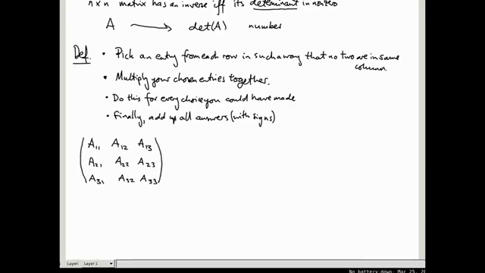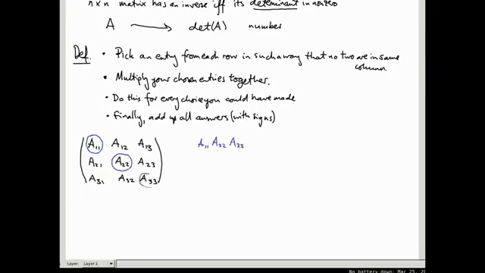Well, if you pick A11 from the first row, then you can't pick anything in the first column for your other choices, so you have to pick something like A22 in the second row, and then you'd have to pick A33 in the third row.